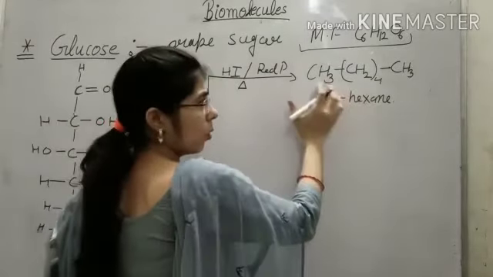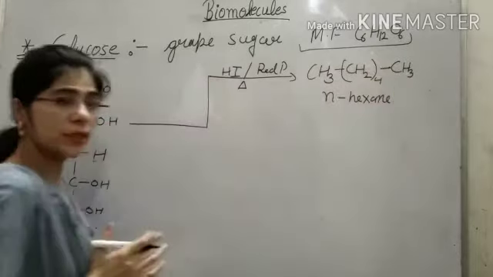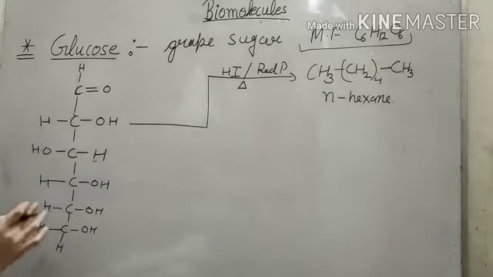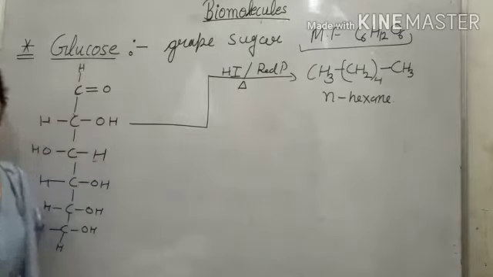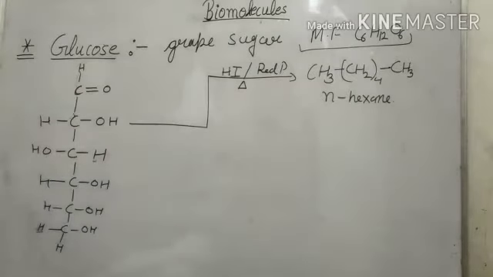In hexane, all the carbon atoms are present in a straight chain, and this reaction proves that all the carbon atoms in glucose are present in a straight chain.